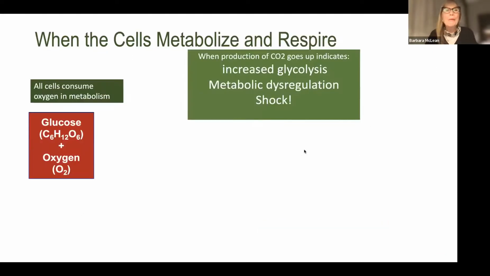All right, so I want to just remind you about how all cells consume oxygen in metabolism, and always what cells are going to metabolize in the end is what we call a carbon chain. Okay, don't get all hepped up about it. Nobody's asking you to do a chemistry equation. Don't want you to get too worried. What I want you to remember is that at the end, what your cells metabolize is glucose.